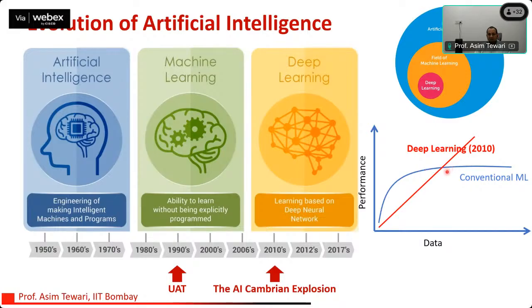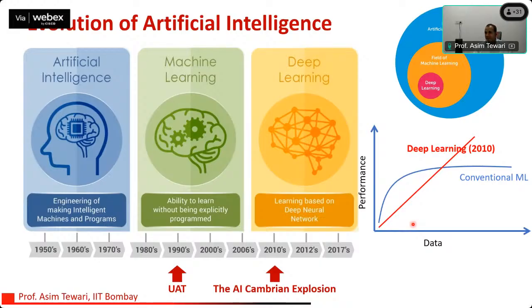It's only when the data goes beyond this critical value that the conventional learning models perform poorer than the deep learning models, which essentially means that there are two takeaways. One is that deep learning, the universal approximation theorem, now opens up a window for us to learn anything and everything in the universe, provided we have enough data and computational power available.